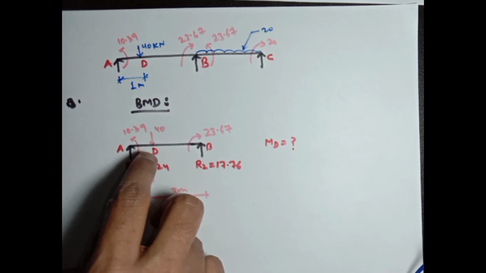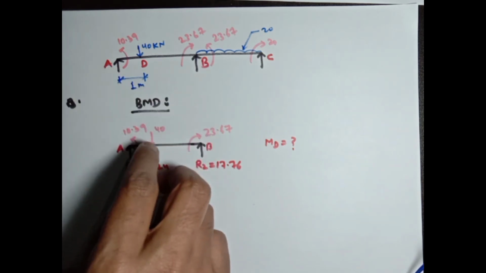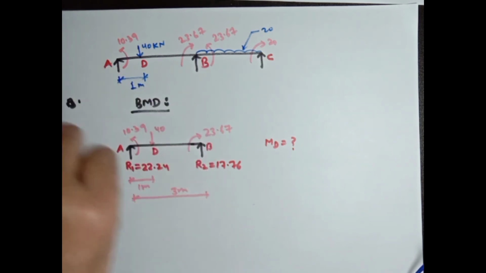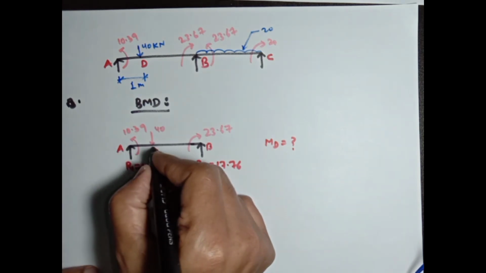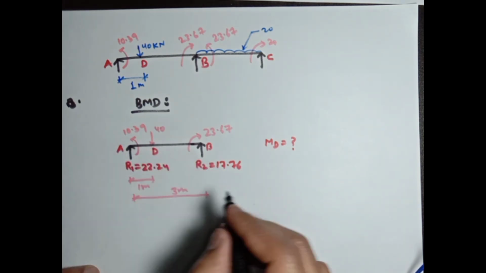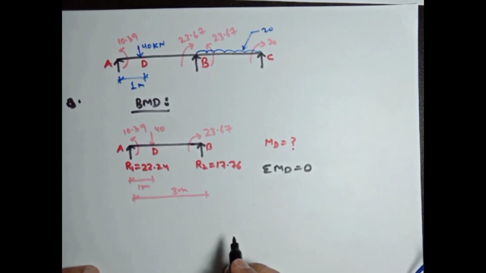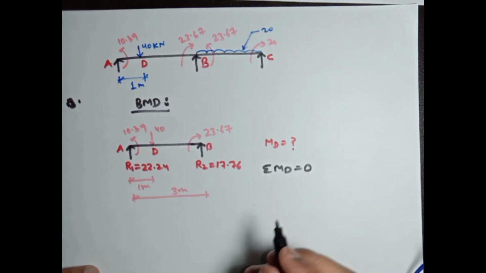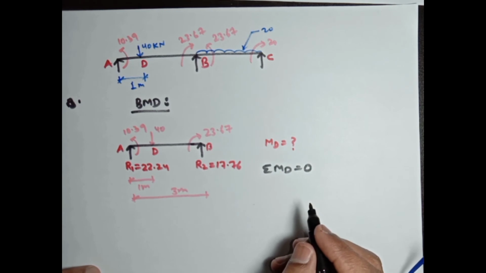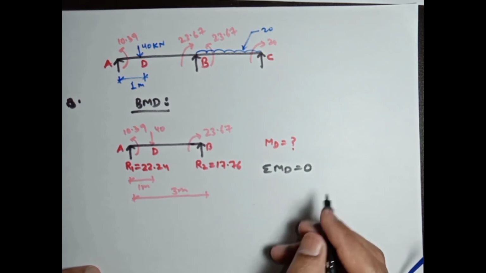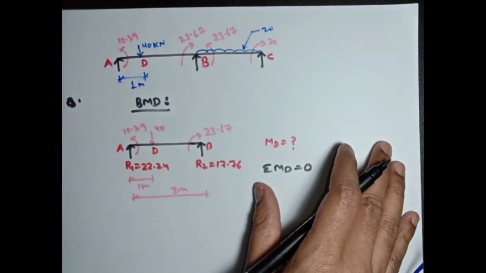If we are taking the left of this joint D, the sum of the moment through this joint will have a value of 0, because at every point the summation of moment will be 0 as per the equilibrium of moment.